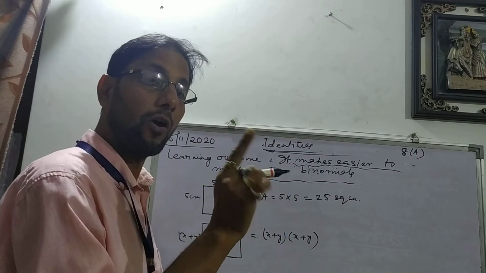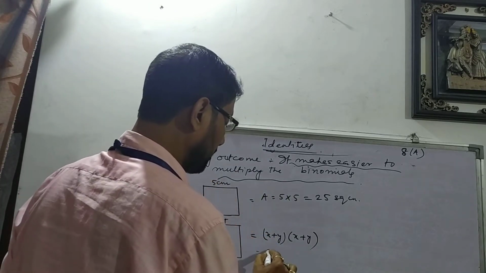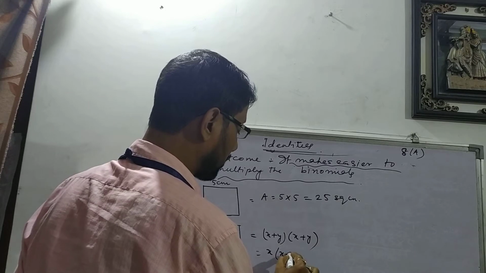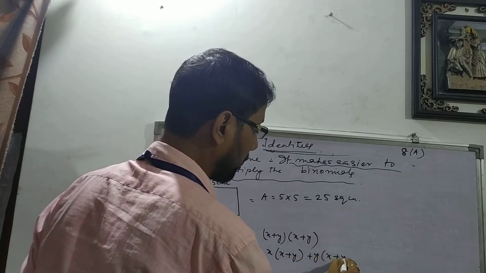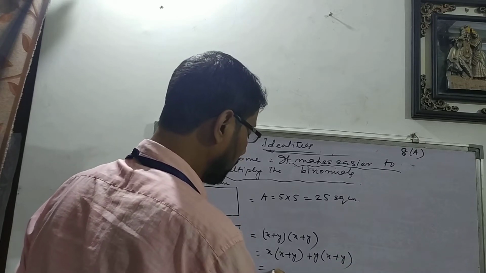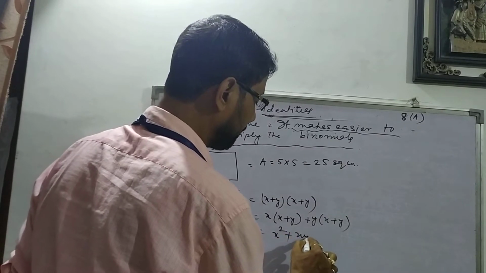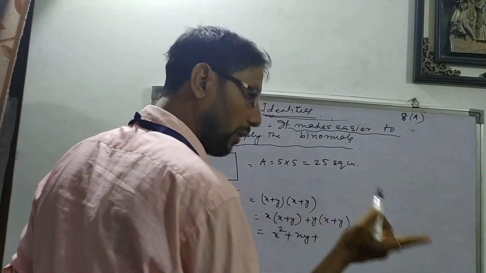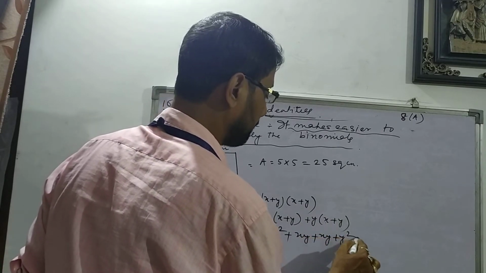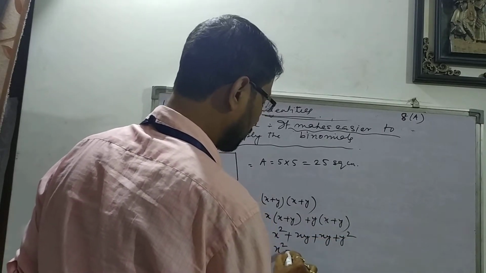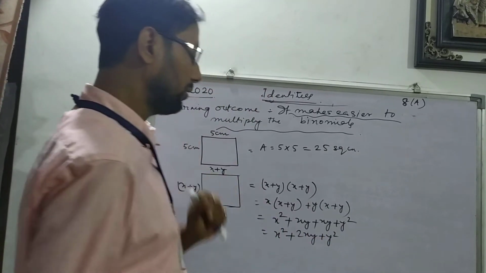As we have already discussed multiplication of binomials, this is x multiplied by x plus y, plus y multiplied by x plus y. So it is x square plus xy plus yx, but we can write yx as xy, plus y square, which is x square plus twice xy plus y square. So this thing we have done.